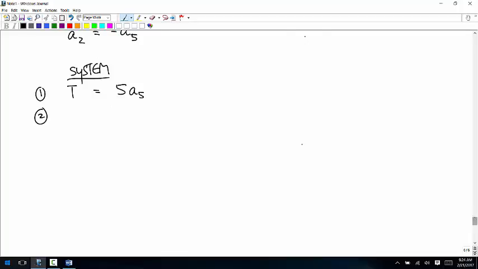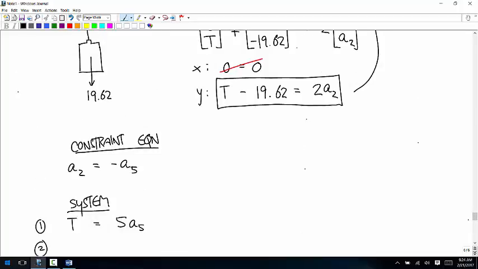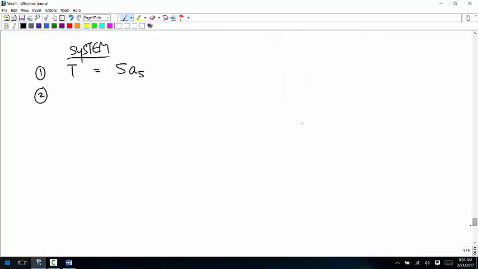The second one says T minus 19.62 is equal to 2A2. And then our third one says A2 is equal to negative A5.